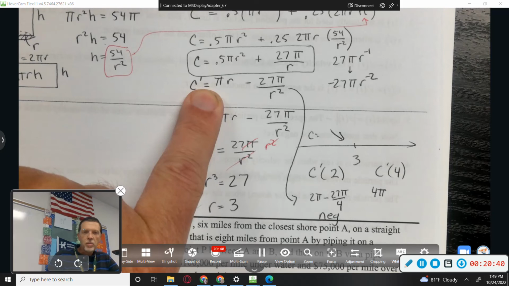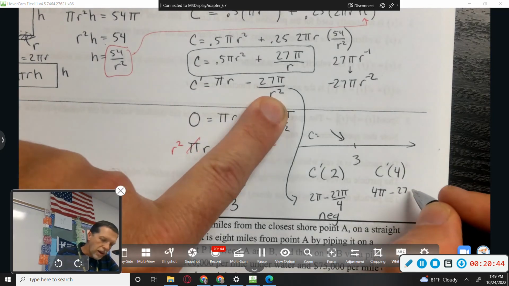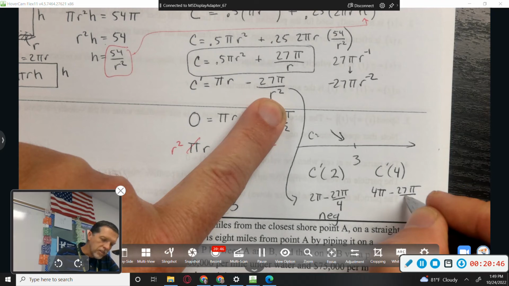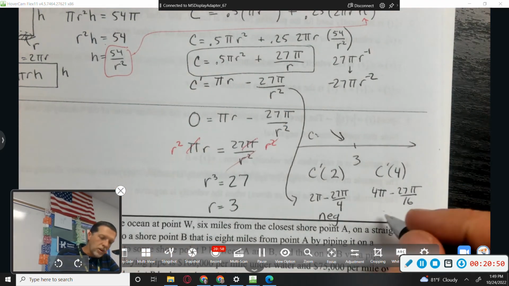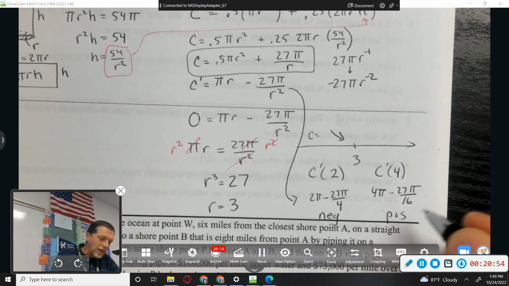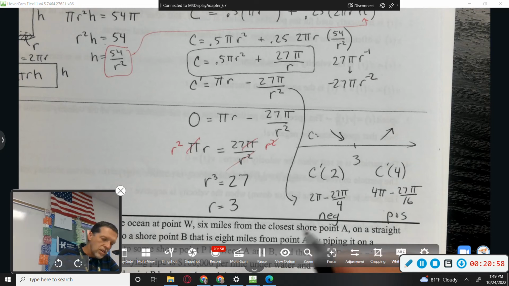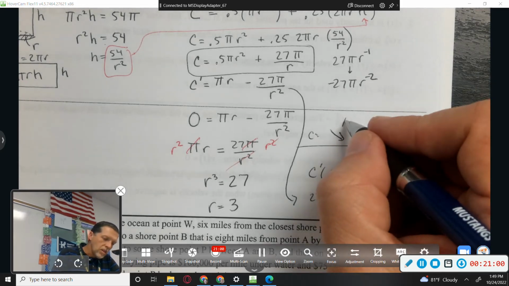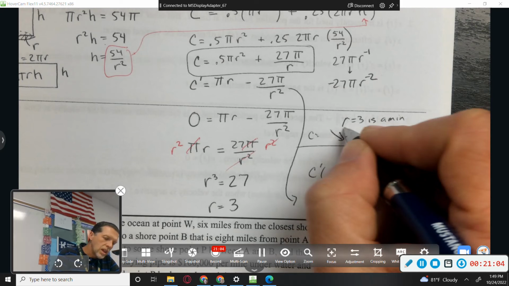So I'm looking at C prime, plugging in 4. 4 pi minus 27 pi over 16. Again, not particularly pretty, but 4 minus 27/16 is positive. So that means R equals 3 is a min, which is what we wanted.